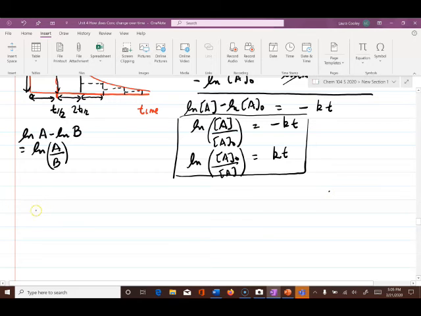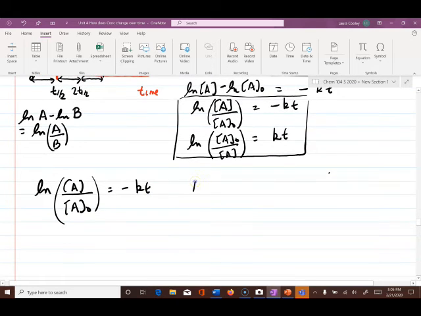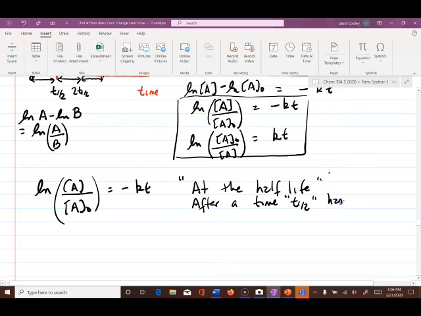So if we have this log of A over A0 is minus kt. And now I say at the half-life. So what does that mean? At the half-life, in other words, after a time T1/2 has passed, what is the concentration?